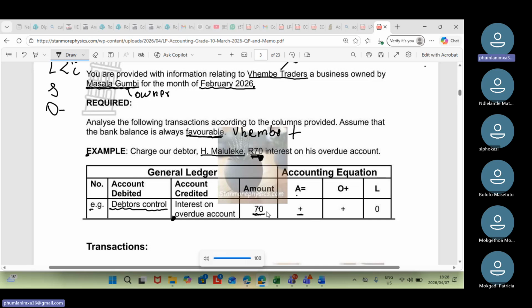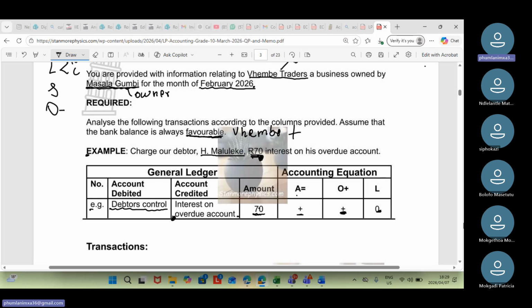Owner's equity is increasing because we are getting income, and income has a positive impact on owner's equity. Liabilities, no impact. We need to follow this format to analyze the following transactions.